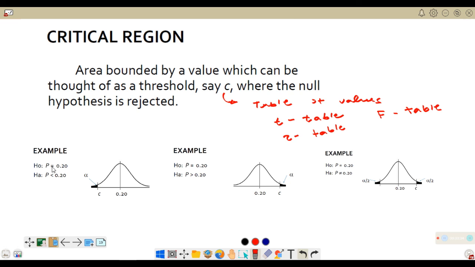So dito, for example, H0: the proportion is equal to 0.20. Ito yung una nating example, and HA is less than 0.20. So, ang titingnan mo ay yun nasa labas ng threshold mo. So, since less than siya, to the left, kung ito yung threshold mo, kung ito yung nakuha mo na value sa T-table, at titingnan mo yung nasa labas niya, pakaliwa, isang tail lang.